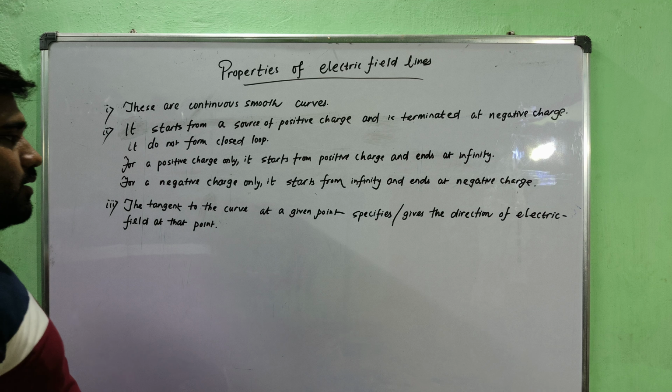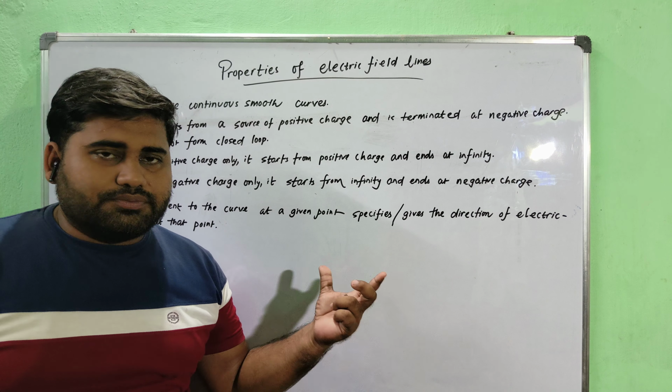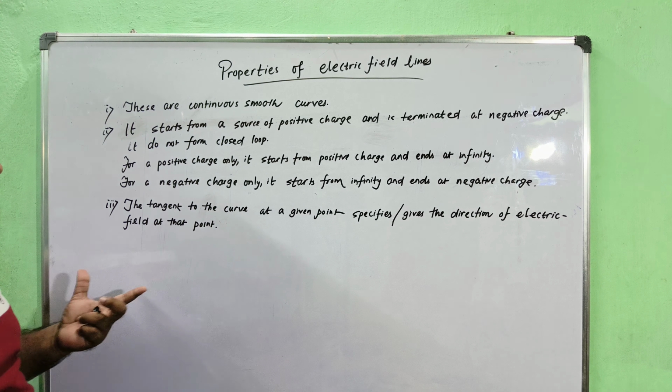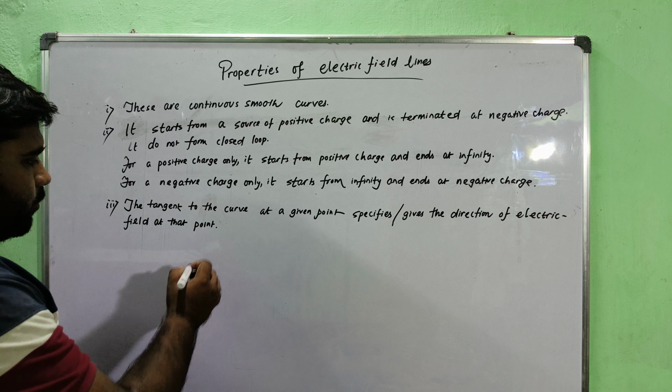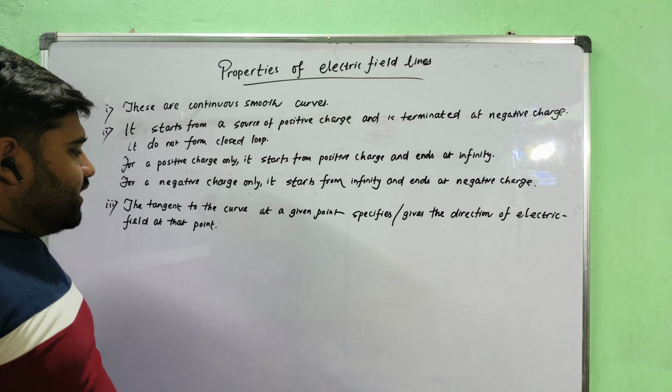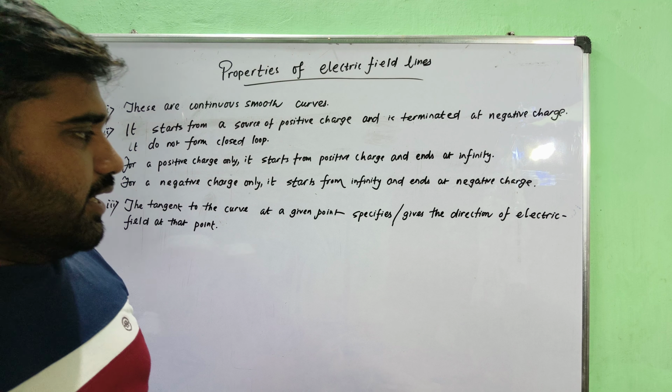This curve means the electric field line curve. So the tangent to the curve at a given point specifies or gives the direction of the electric field at that particular point, at that point at which you are interested to find the direction of the electric field.